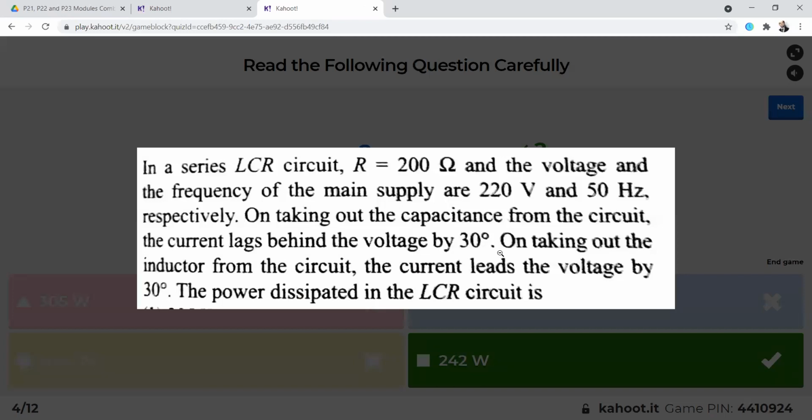So this is also based on what we did in the previous question. You are just required to take one element out of it and frame the condition. Finally, we have to find the power dissipated in the LCR circuit. So it will be I RMS into E RMS into cos phi. The main thing is that we determine phi and get the result for the power dissipated.